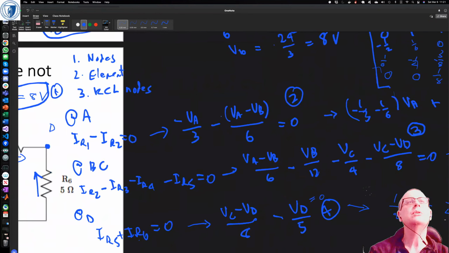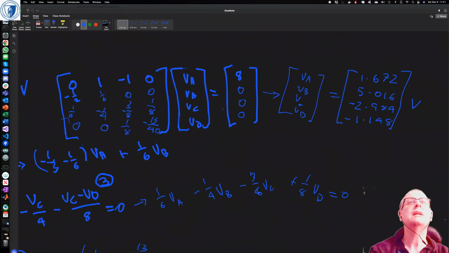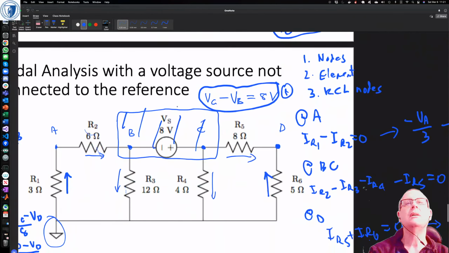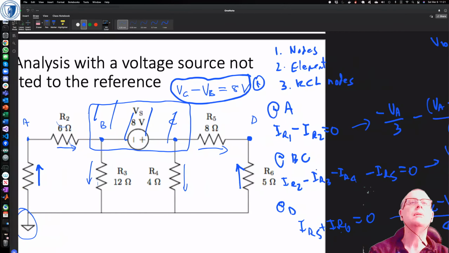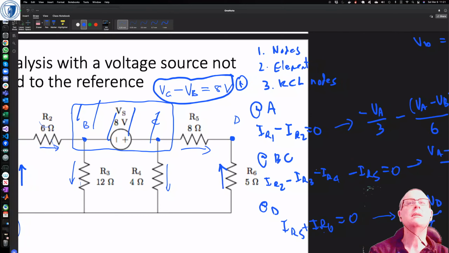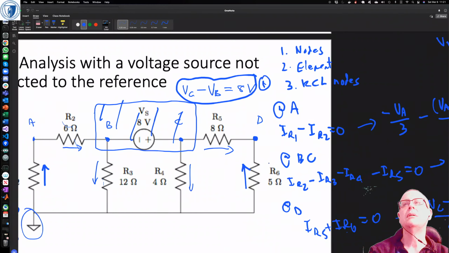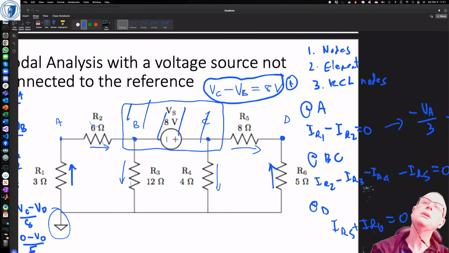Okay, let's just have a look at the negative ones. The negative ones are VC and VD. Ooh, did I get that right? VD is negative. I don't think that should be right.